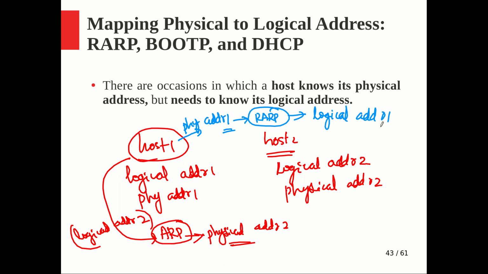So this is about myself and this is about the other one. ARP is doing the logical address to physical address translation, whereas reverse ARP is doing physical address to logical address conversion, just opposite to what ARP is doing.